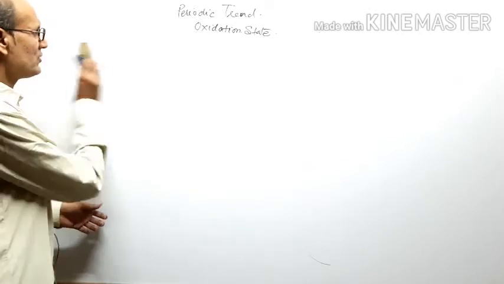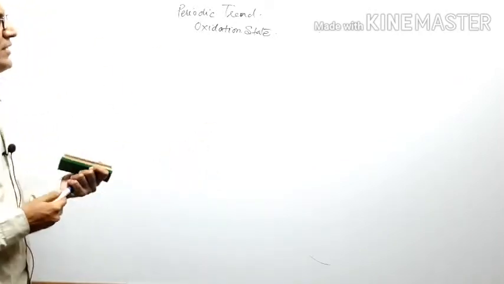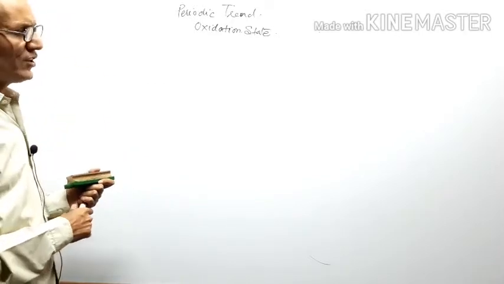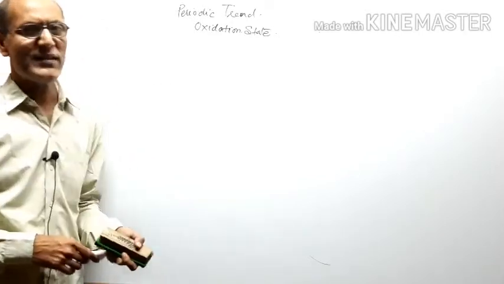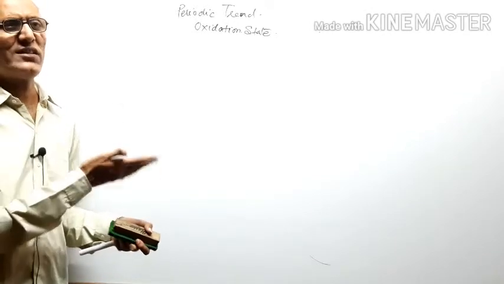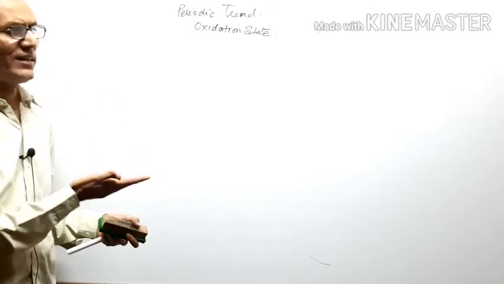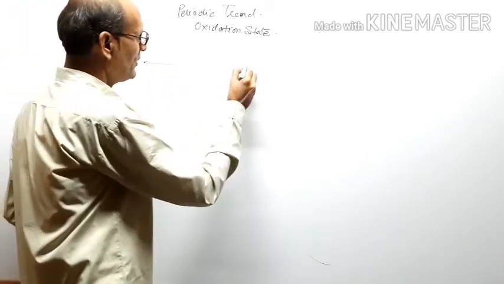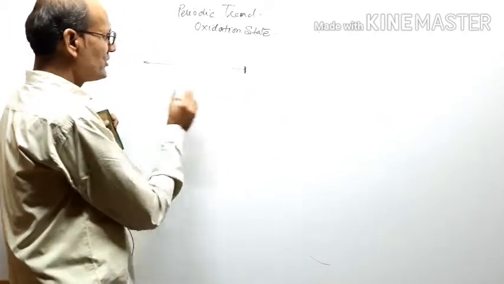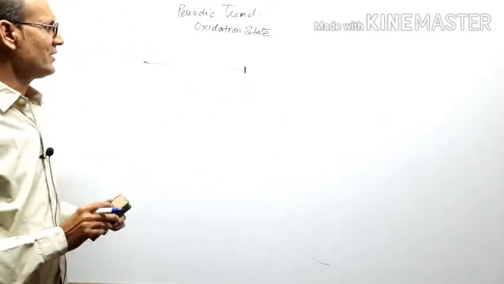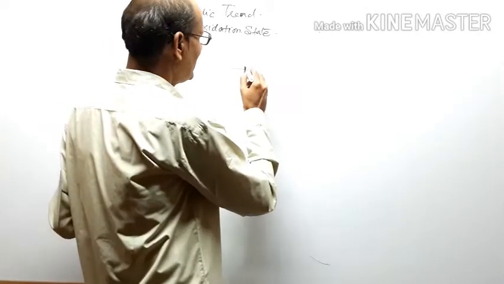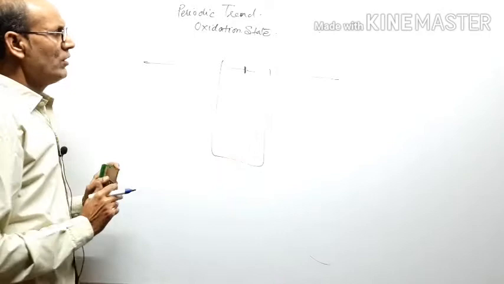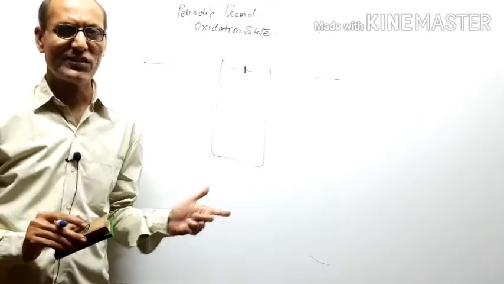Now, as we know, when we move from left to right in the 3d block or any series of the d-block elements, the number of oxidation states increases up to the middle and then decreases. That means the elements of the middle will show the maximum number of oxidation states.